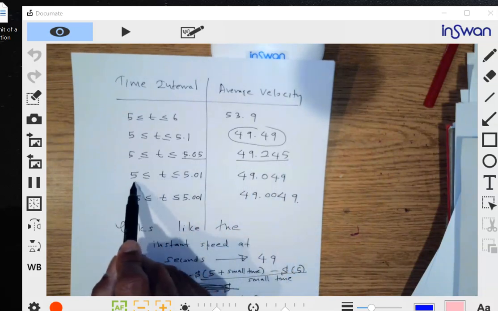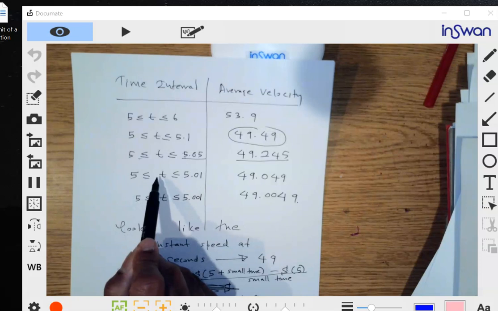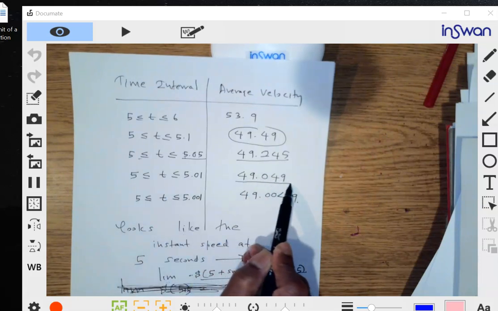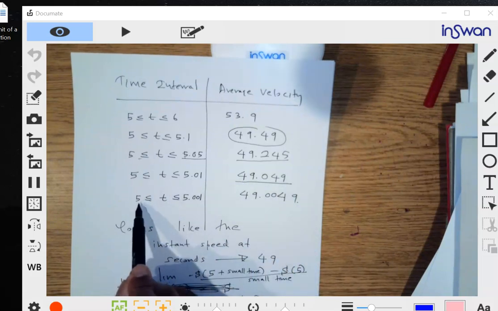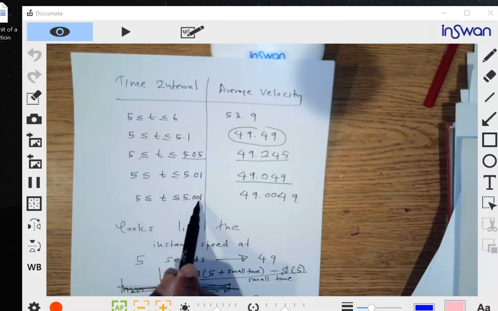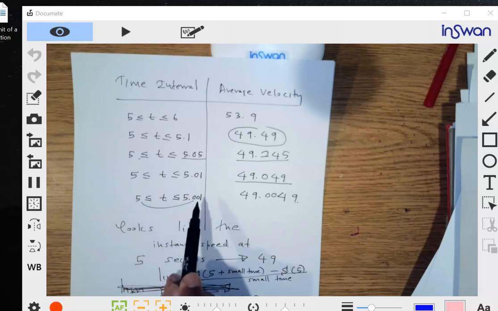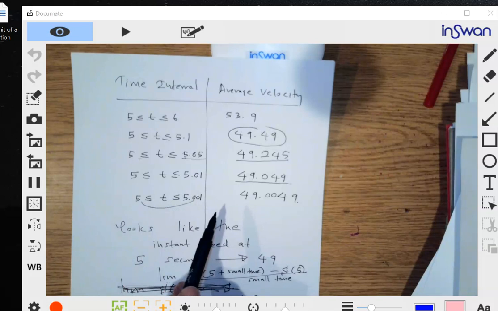If you go from 5 to 5.01, even smaller, then you get 49.049. And if you go from 5 to 5.001, now we are looking at a really small gap.